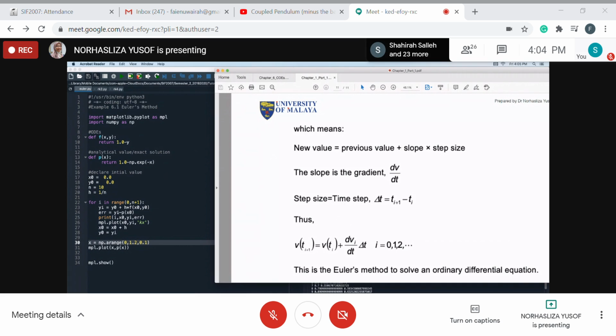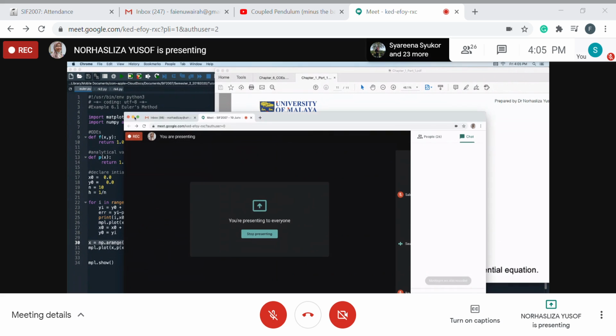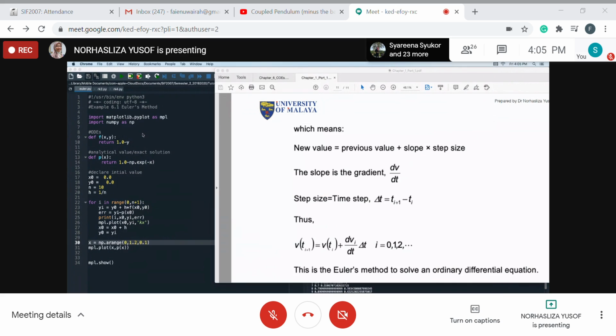So f(x, y) will be written as y plus dy over dx multiplied by delta x. Okay, so now our x is t, and our y is v. That is our first function.